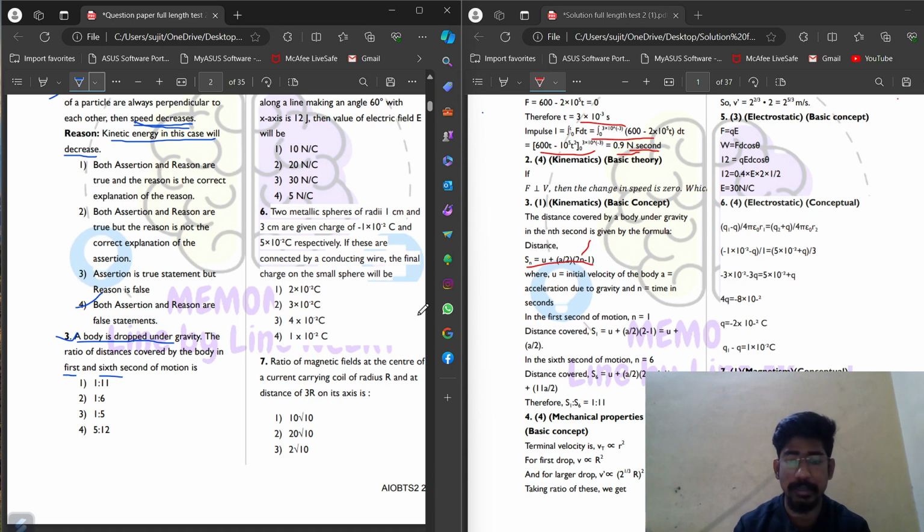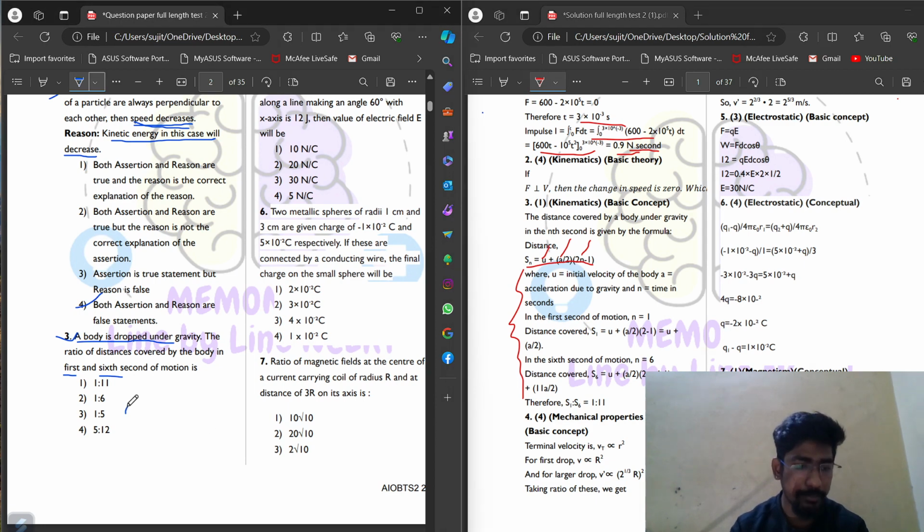There is a long process, or there is a short process, right? If you put the values here, you will see that only n changes; the initial velocity u of the particle and the acceleration a of the particle remain constant. That means Sn will only depend on the 2n minus 1 factor, right? So just put the value in the 2n minus 1 factor.